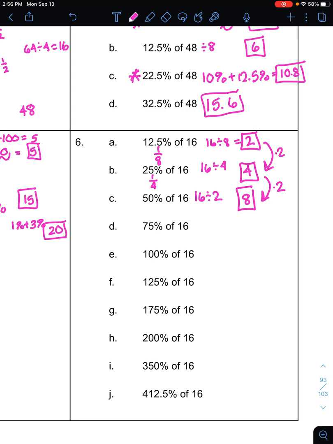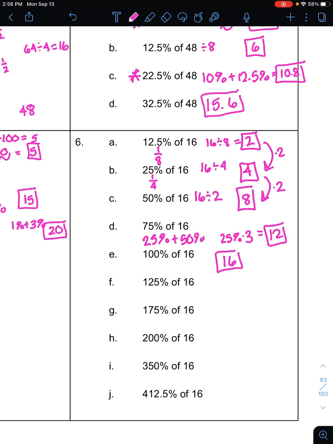75%, I can add together my answers from B and C, so 25% plus 50%, or I could take 25% times 3. Either way, I get 12. 100%. Okay, that's 16. There are other things I could do though, like doubling my answer for 50%, but that's the easiest. 125%.